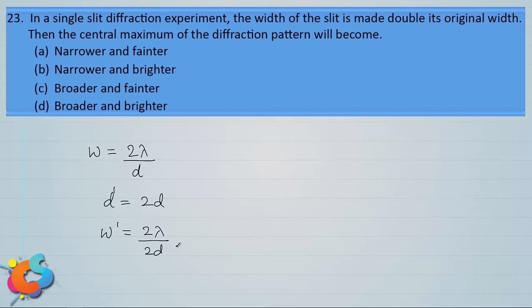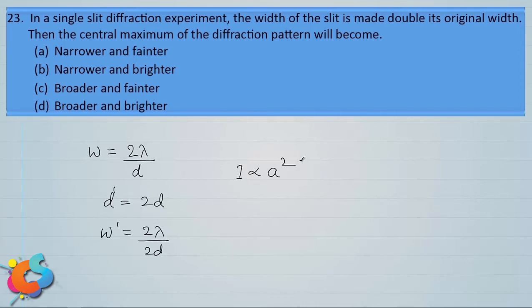When the slit width is increased to twice the original value, then amplitude also increases to twice. That is, the amplitude gets doubled. When amplitude gets doubled, the intensity becomes 4 times, since intensity is directly proportional to amplitude square.